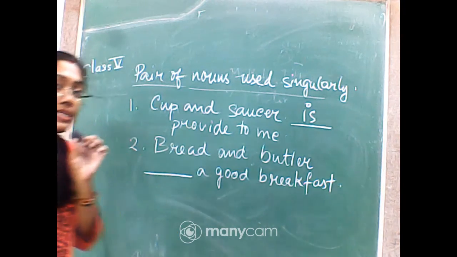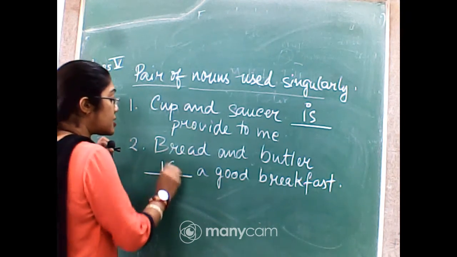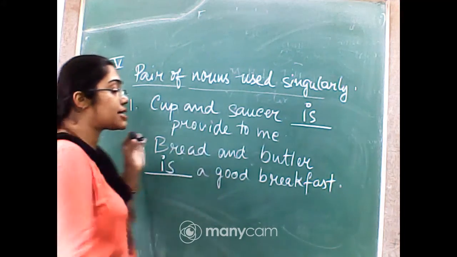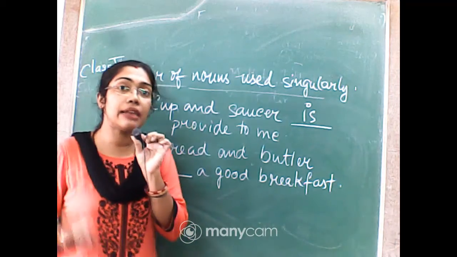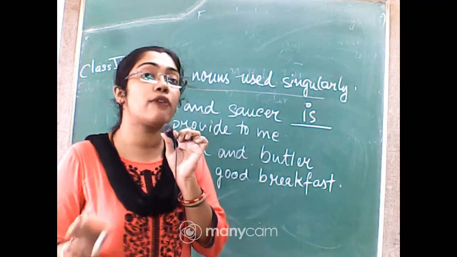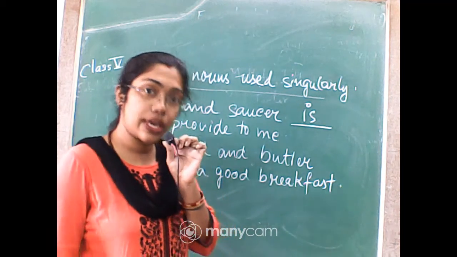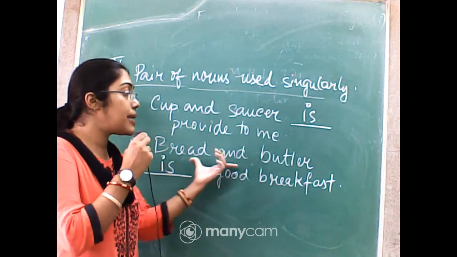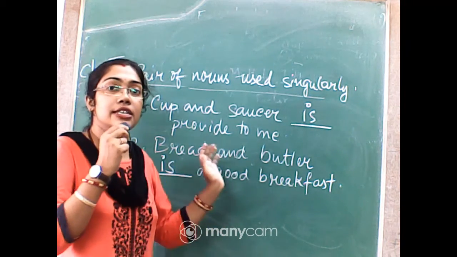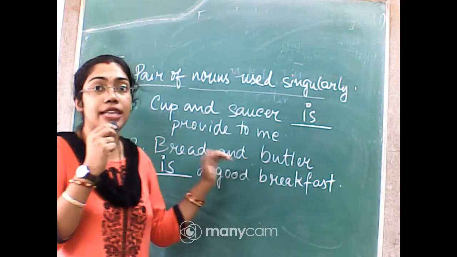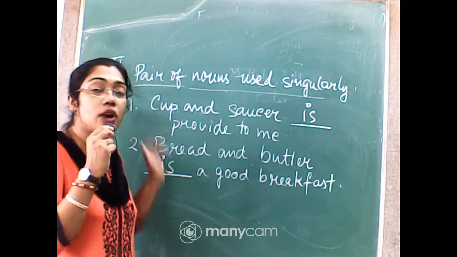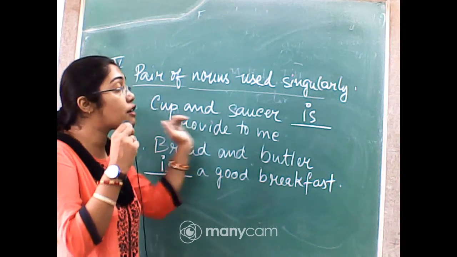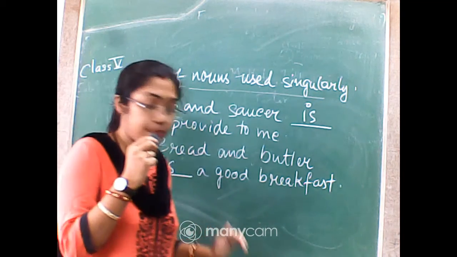You have to write here is, because bread and butter is the name of a food. Therefore this term is used in the singular sense, so I'm using the singular verb. These pairs of nouns you have to remember.